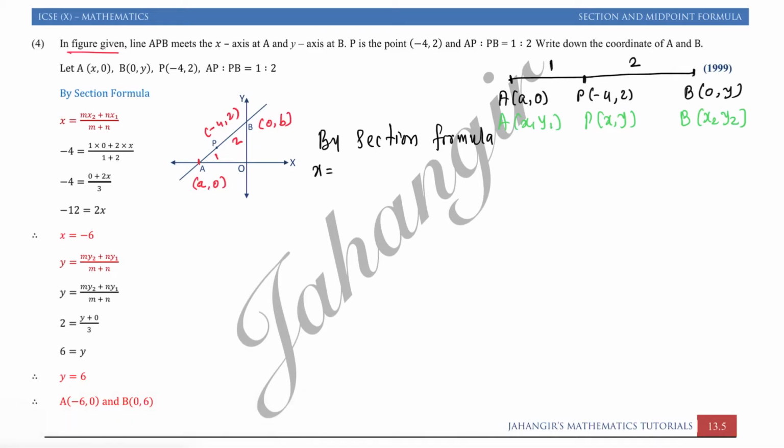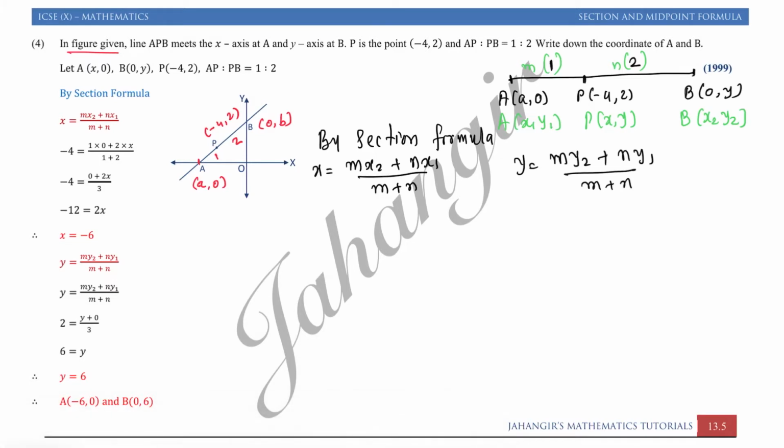So I can write the formula x equals (m x2 plus n x1) upon (m plus n), and for y the formula is (m y2 plus n y1) upon (m plus n). As we see, x is already given as minus 4. I had written everything. Let us write it as m, n.